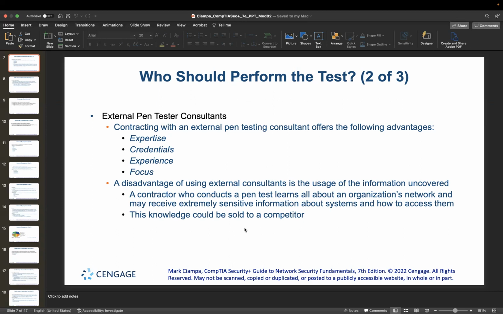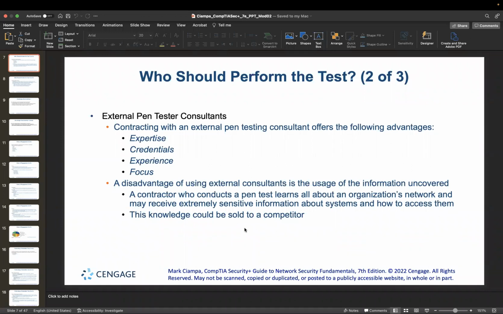However, a disadvantage there is that the information you have is going to be uncovered by somebody else. A contractor who conducts a pen test on you learns everything about your network. And later down the road, they may reveal it, right? So that's important.